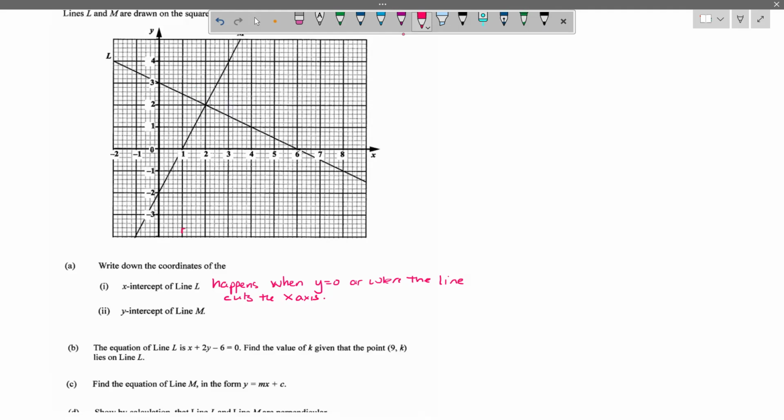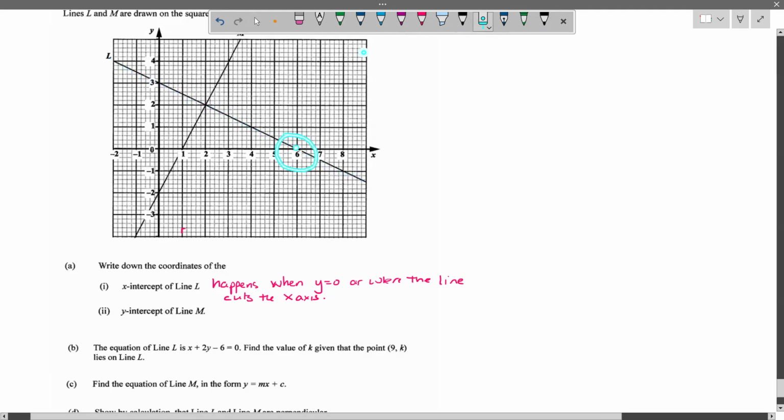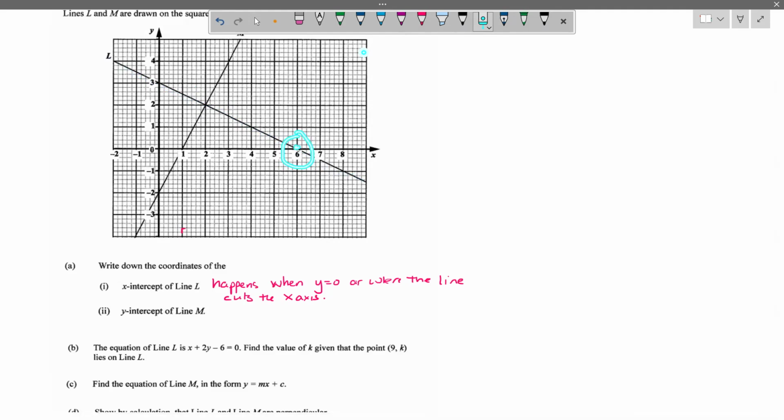If we look at the line L, this is the line L here. The line L is coming down this way and cuts the x-axis at this point, 6. That is the x-intercept, this point here. At this point, y is 0, x is 6.